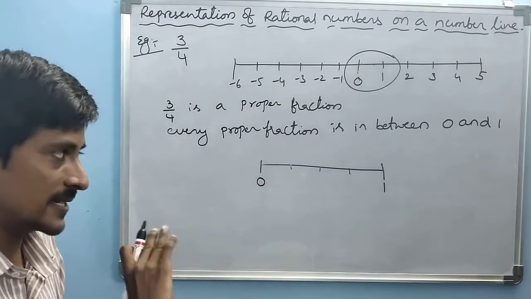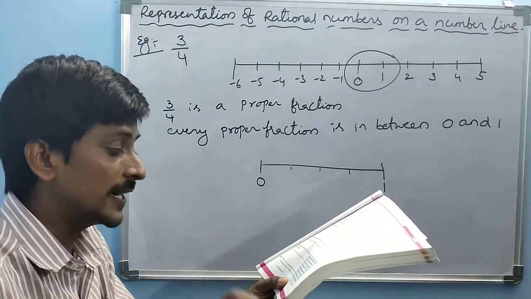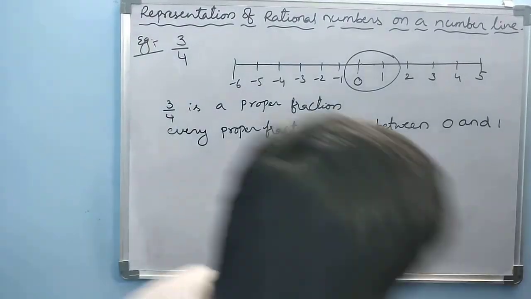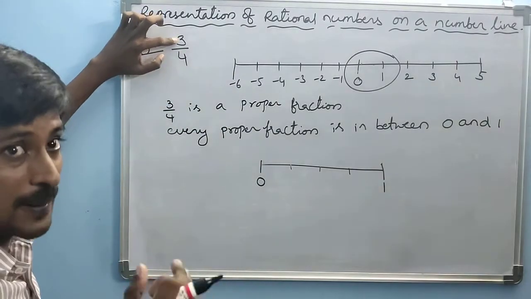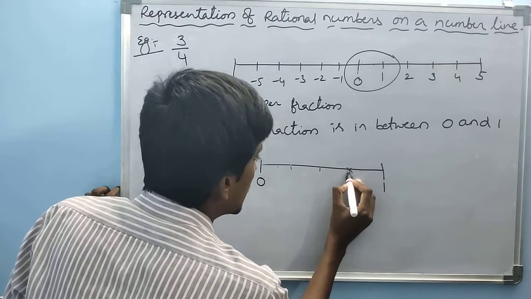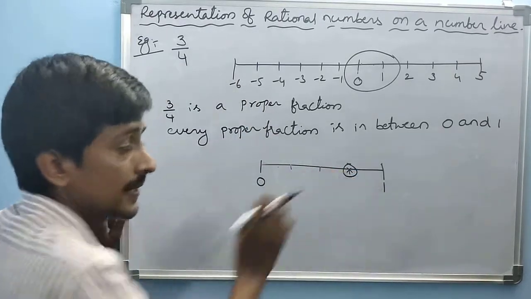First of all, 4 parts, he divided it. Next, the numerator tells how many of these parts are considered. Numerator, how many parts? 3 parts you need. So, 1, 2, 3. This is the part. 3 by 4 is here.